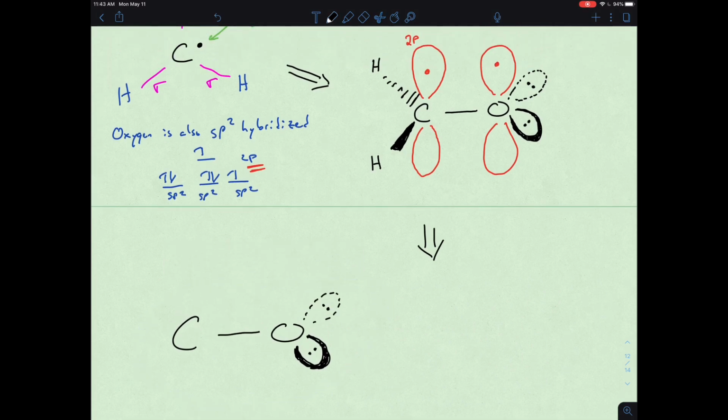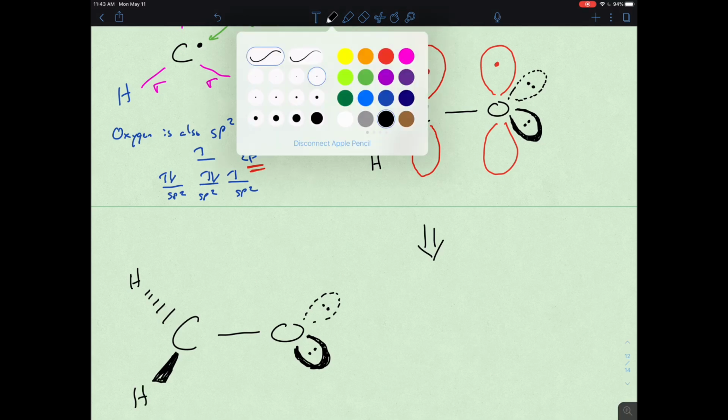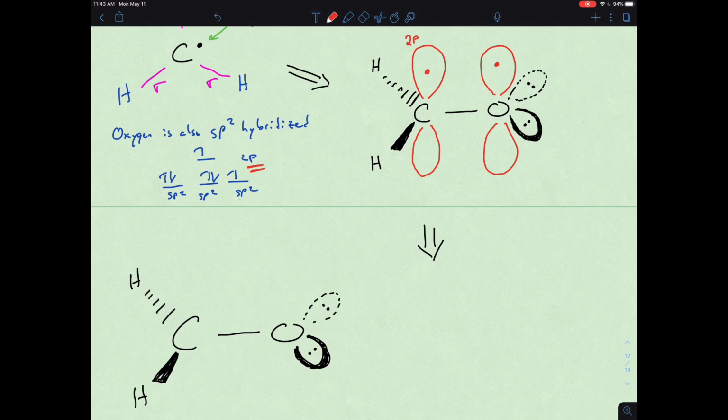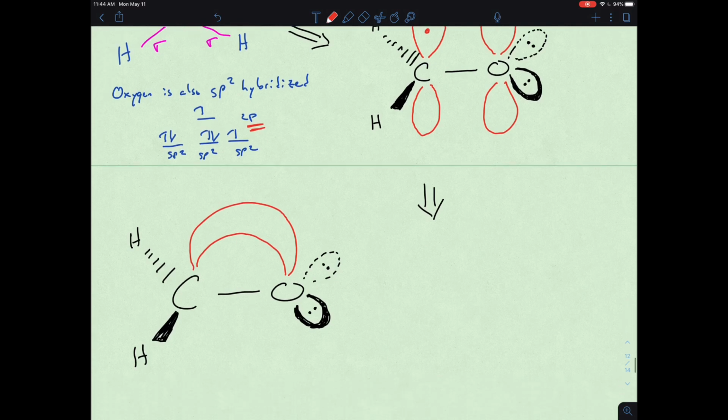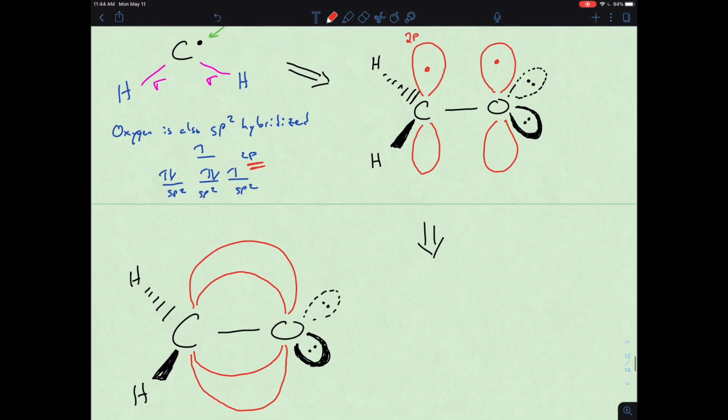We have our hydrogen going back, our hydrogen coming forward. And so what we find here is this lobe, they get close together. They get so close that they actually start to overlap. And so you have overlap above and below the plane.